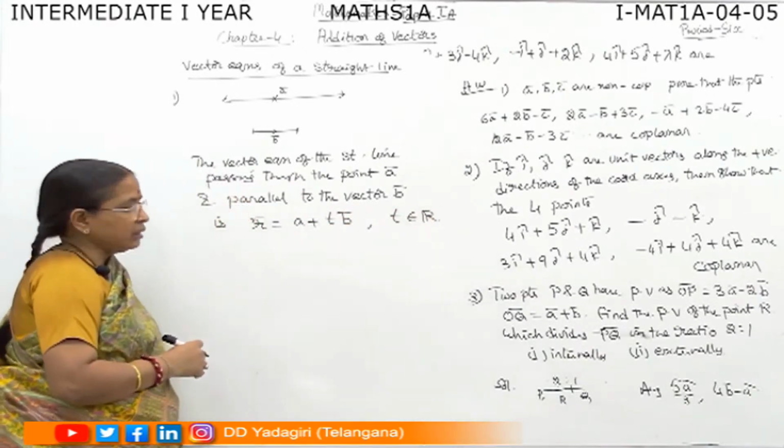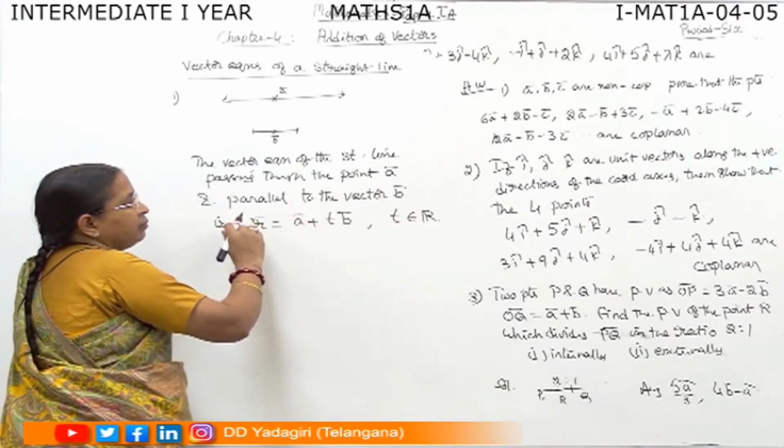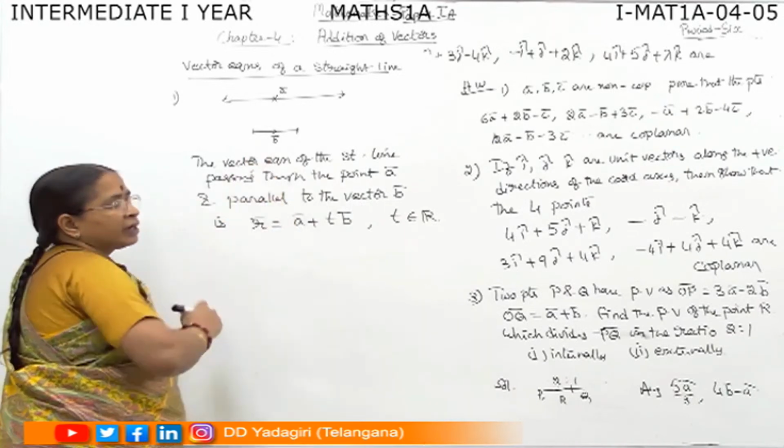You must learn this equation by heart: r equal to a plus tb, passing through the point A and parallel to the vector b.